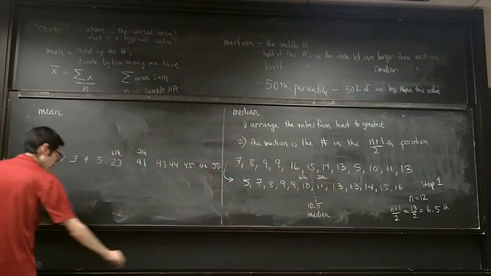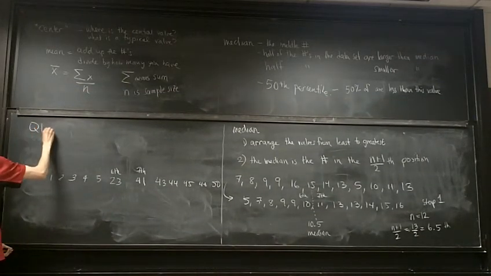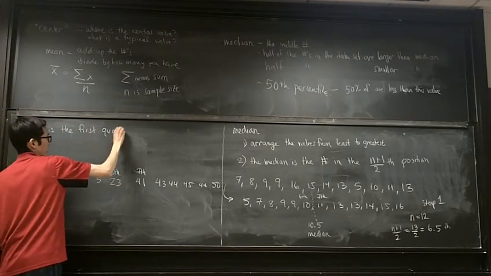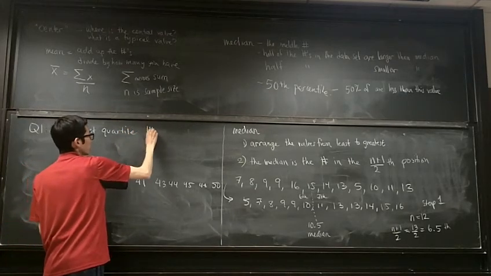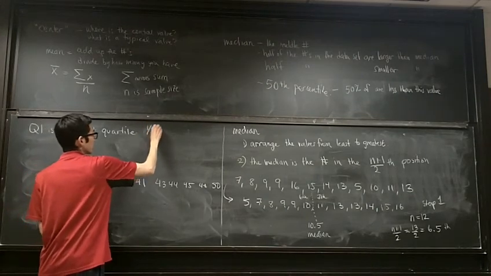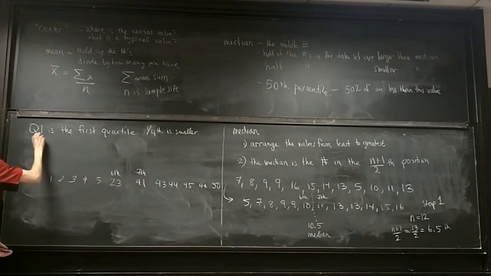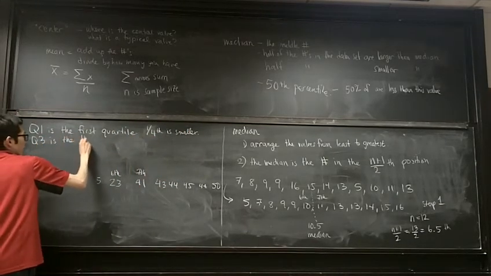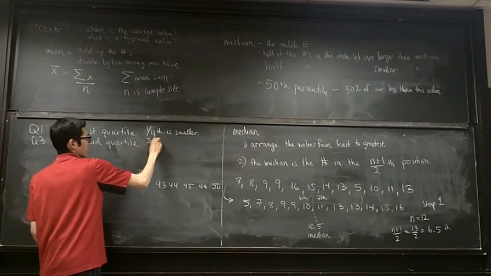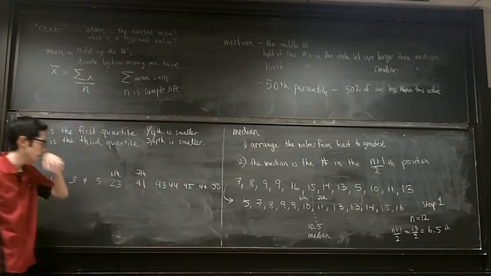I'm going to write this up here. Q1 is the first quartile, 1/4 is smaller. And Q3 is the third quartile, 3/4 of the data is smaller.